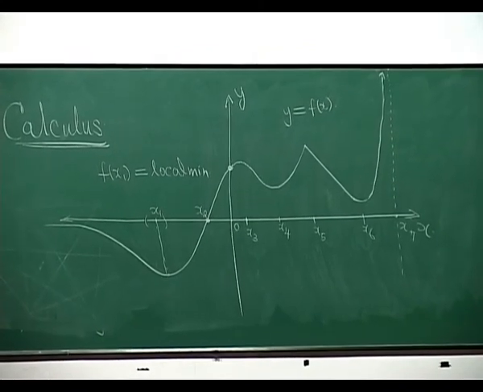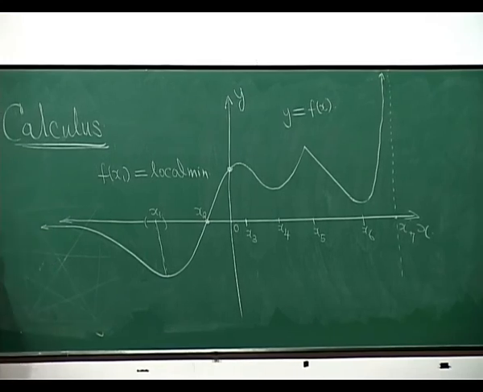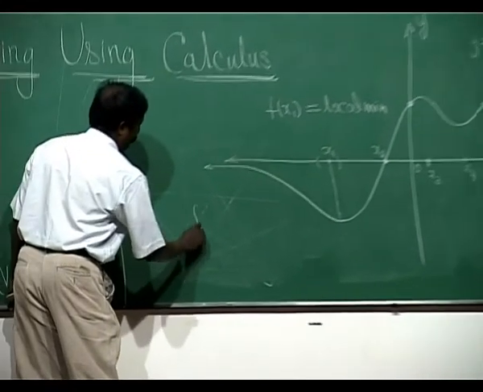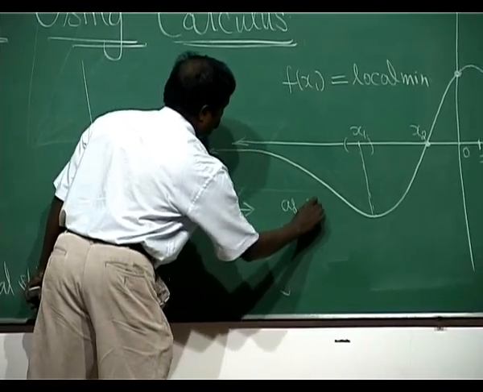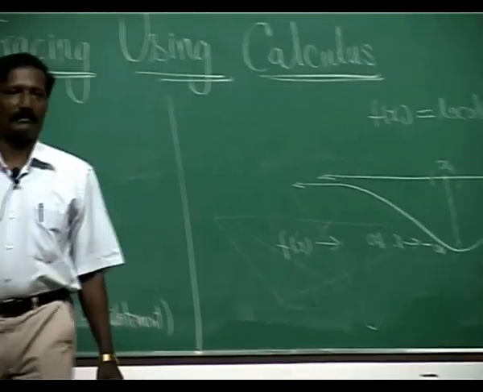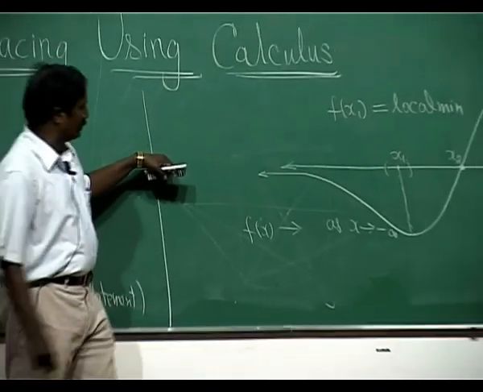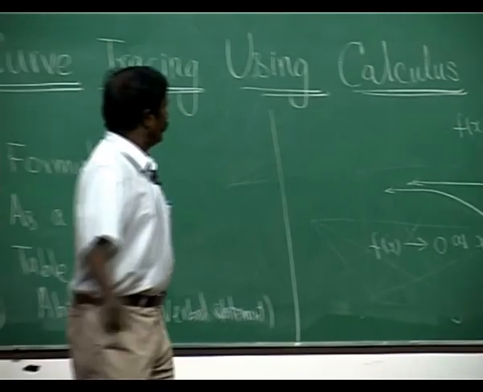Let's see, assuming that this graph is like this, then f of x goes to something as x goes to negative infinity, right? Assuming that it is getting closer and closer to this, so this goes to that. So that's the long-term behavior we understand by a graph.